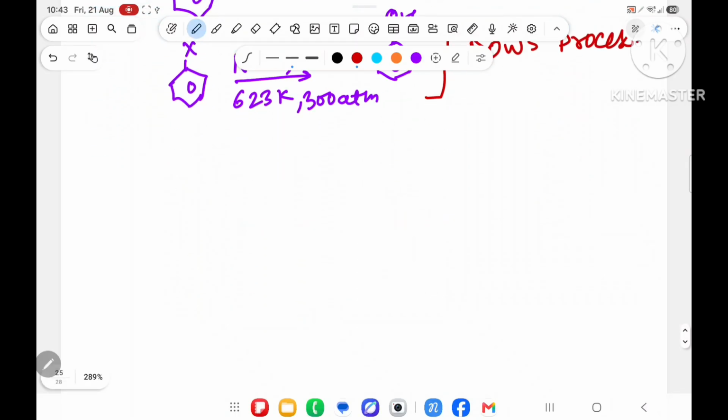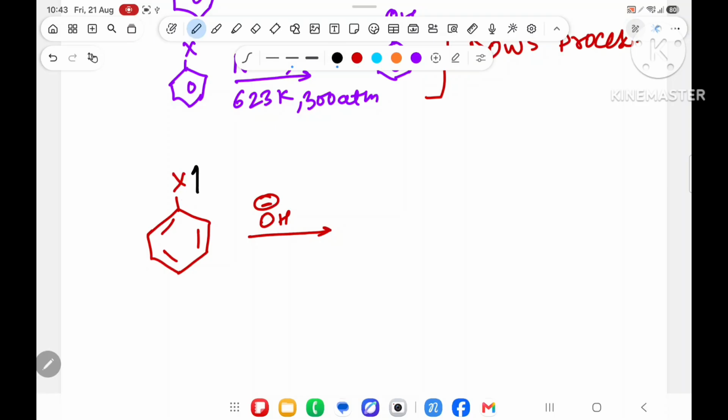What is happening in this part? Dow's process. See its mechanism. Over here, you have aryl halide. One double bond, one double bond, one double bond. Over here, X is there. OH- will come. This OH- will attack. X is a little bit more electronegative, so it will get delta minus, and delta plus will come here.